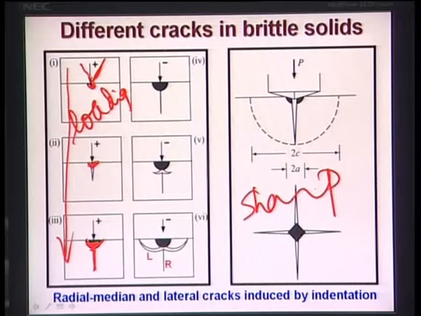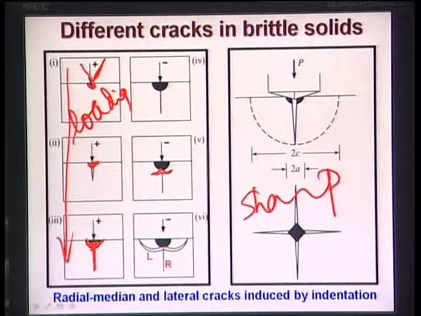During the unloading, at a certain point you see another type of crack start propagating from other directions, at 90 degrees to the radial median crack. That lateral crack is generated and goes through, and when the indenter is completely unloaded, this lateral crack will be completely touching the surface.